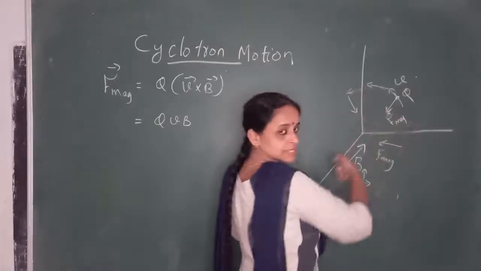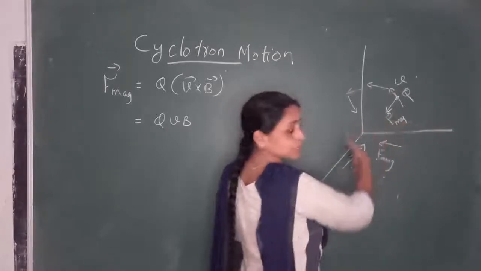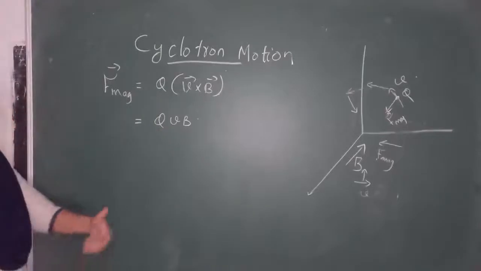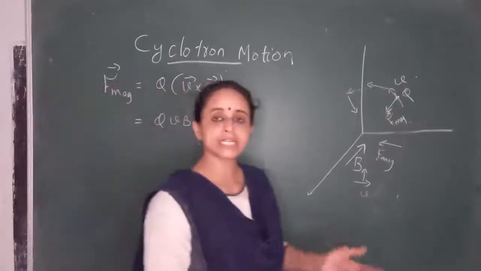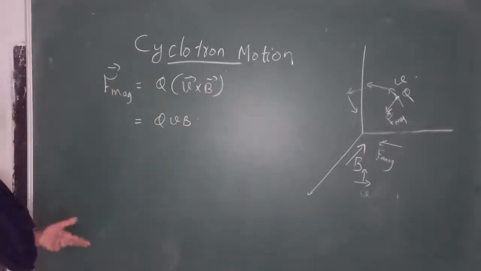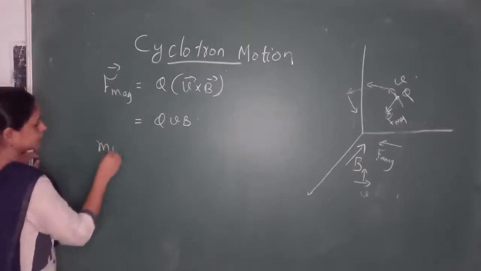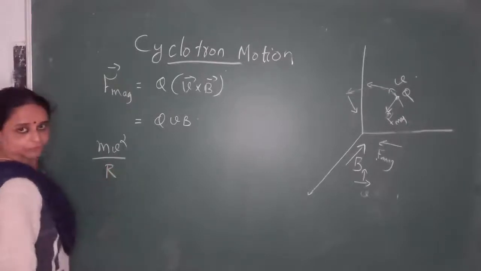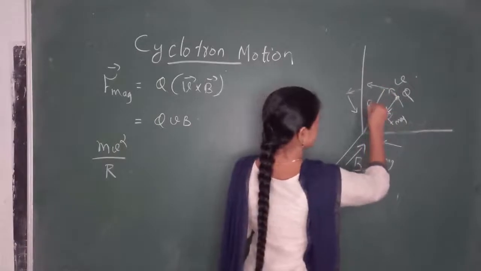So what is the equation of centripetal force if a particle of mass m is moving with velocity v? The centripetal force is given by mv square by r, where r is the radius of the circle.